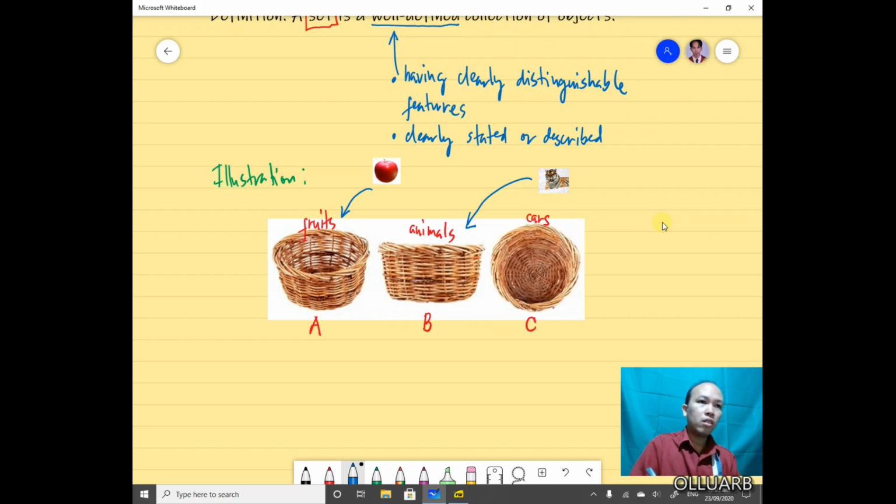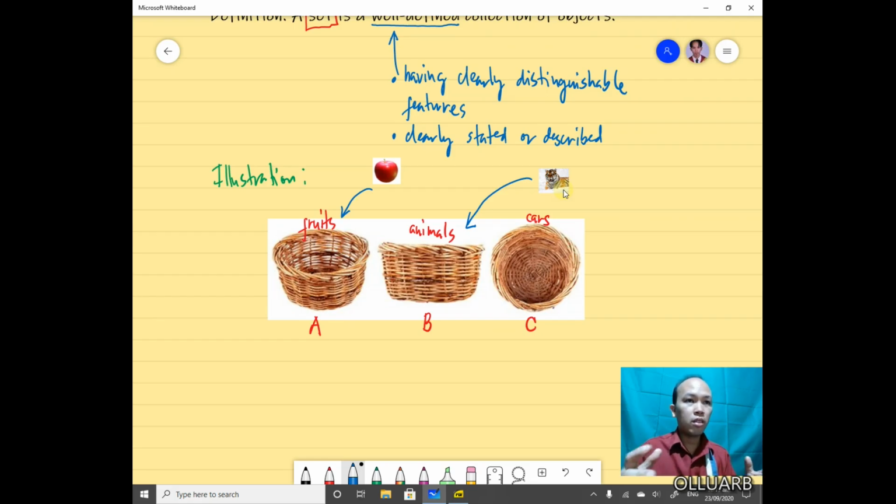We can clearly identify that this animal, the tiger, is clearly an animal. Of course, we cannot argue that the tiger is not an animal.